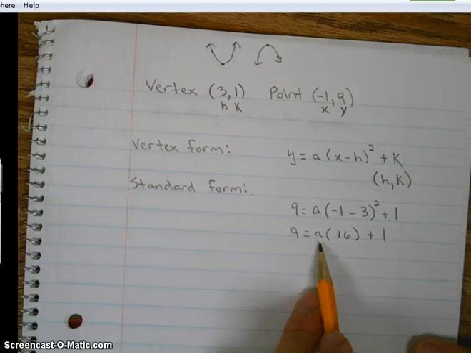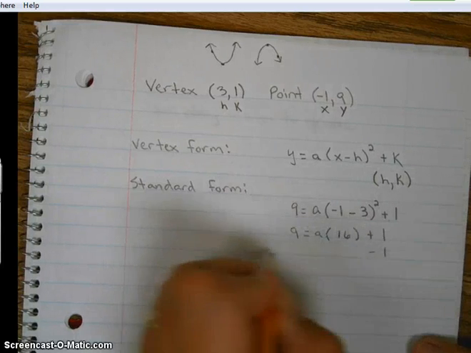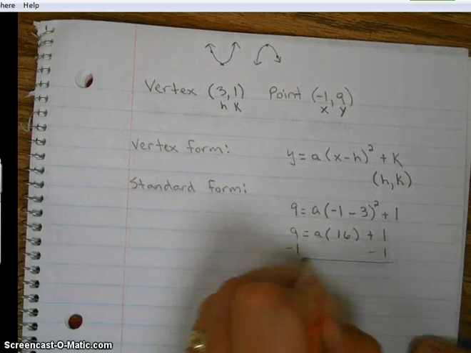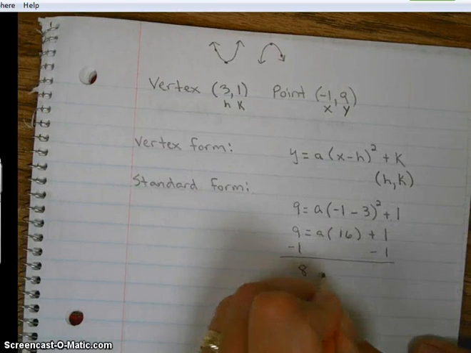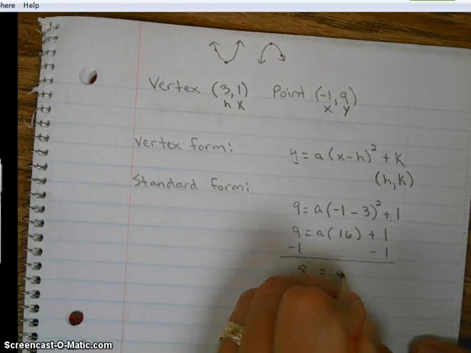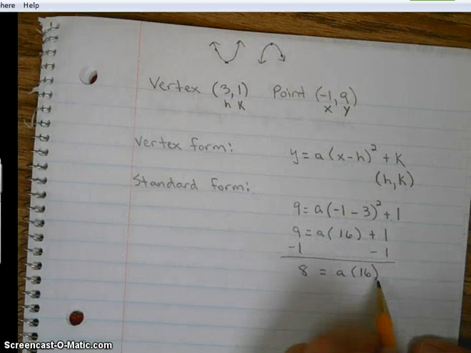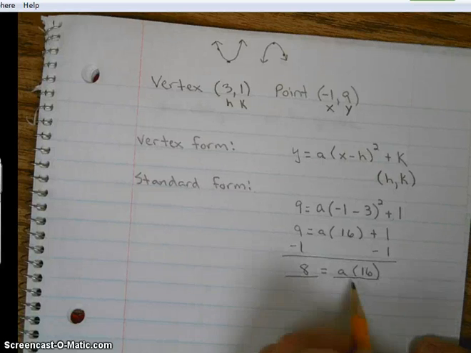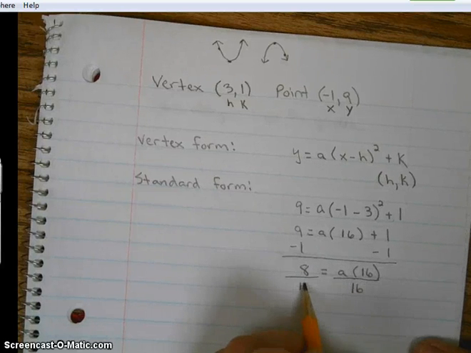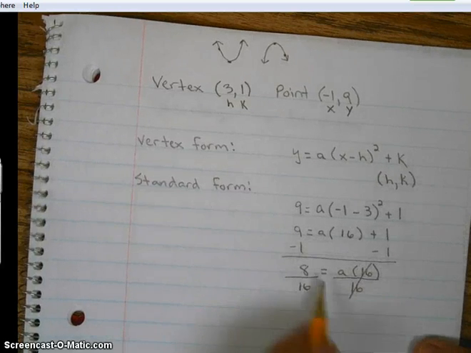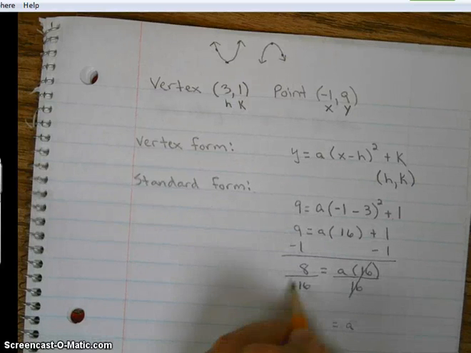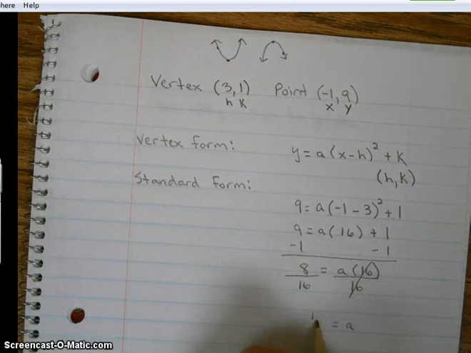Now we're going to solve for a. Remember that this is a times 16, so to undo multiplication, we divide. So we have a equals, and this reduces down to 1/2.